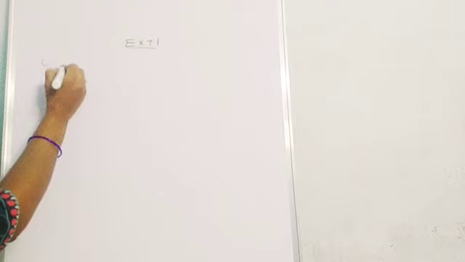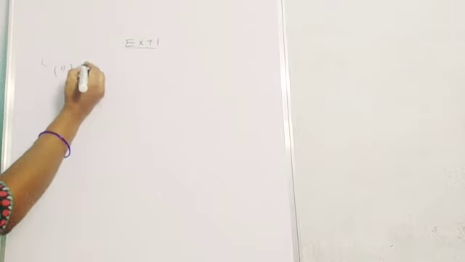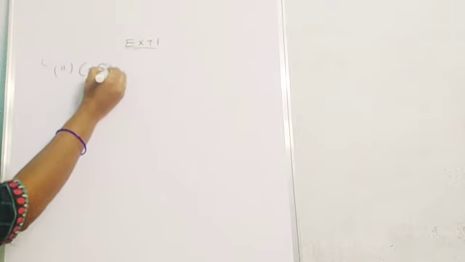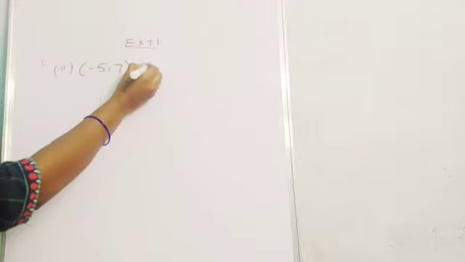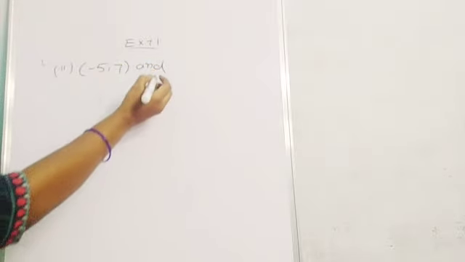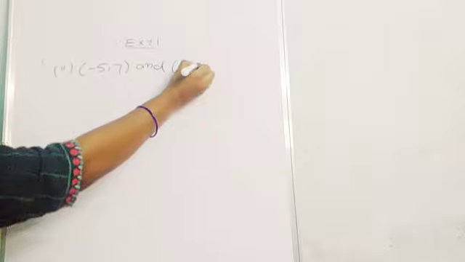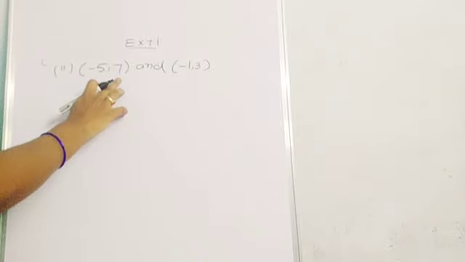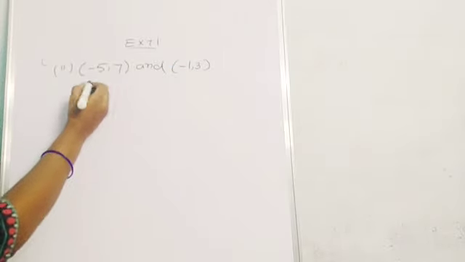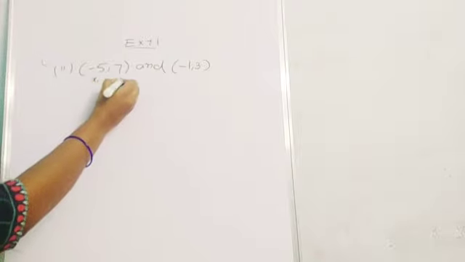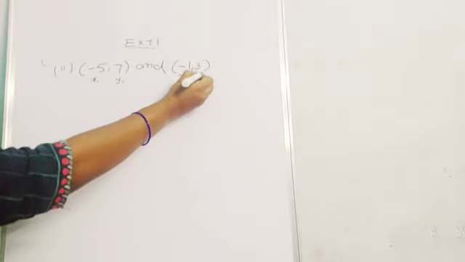The second points are (minus 5, 7) and (minus 1, 3). Minus 5, 7 and minus 1, 3. This is x1, y1 and this is x2, y2.